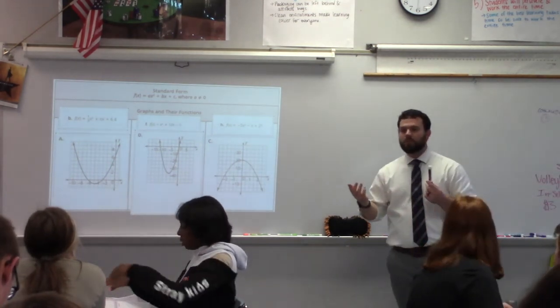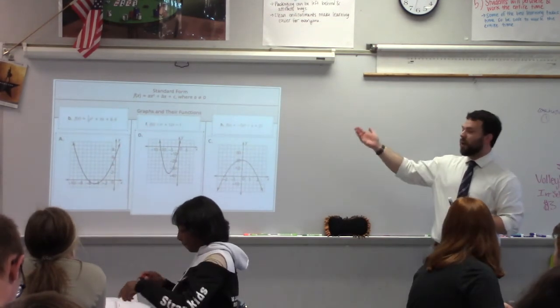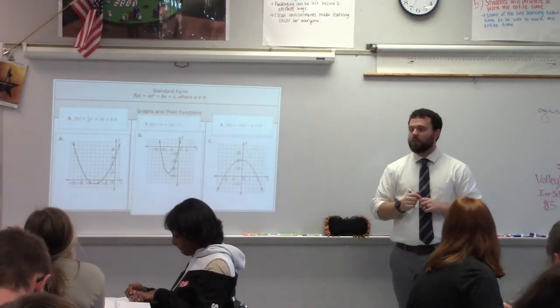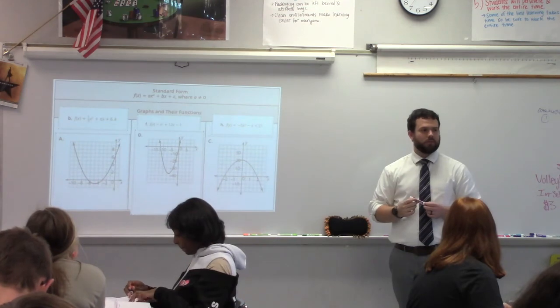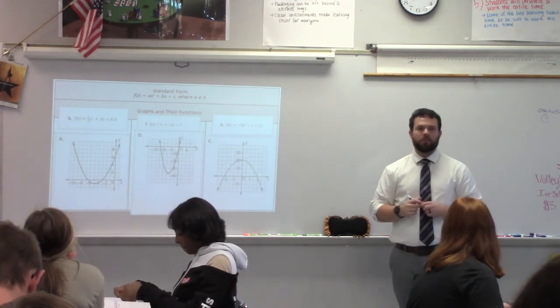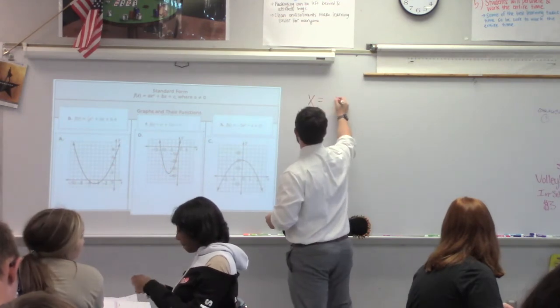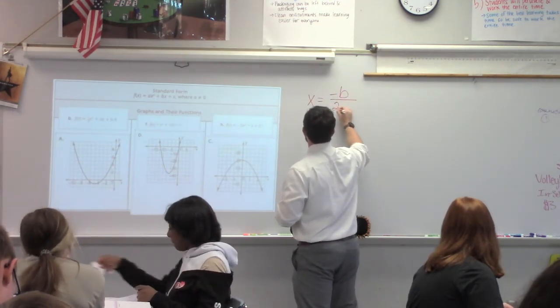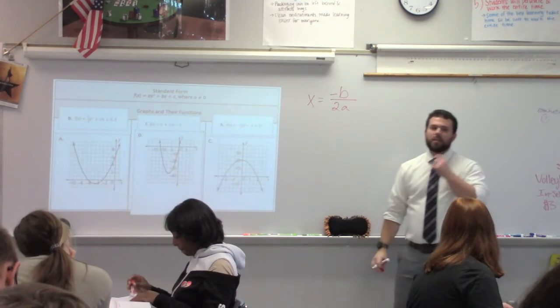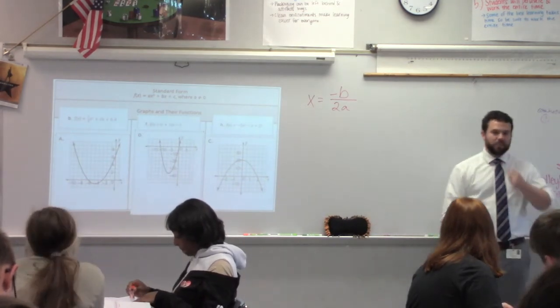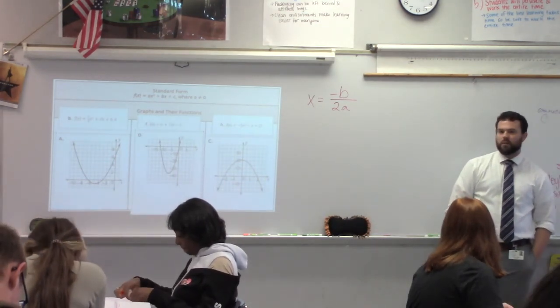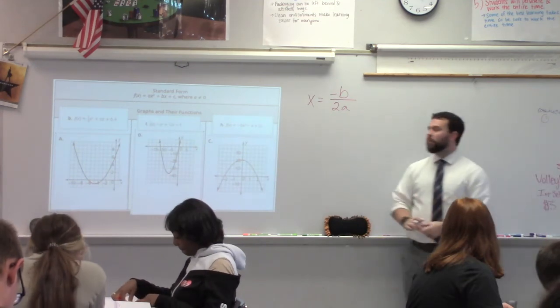I'm talking about from the equation; I don't have a graph yet. A is involved. x equals negative b divided by 2a. There we go. If I have standard form, the axis of symmetry is x equals negative b divided by 2a.